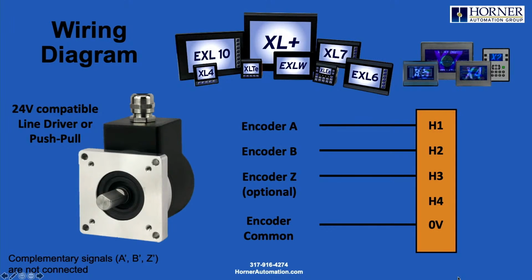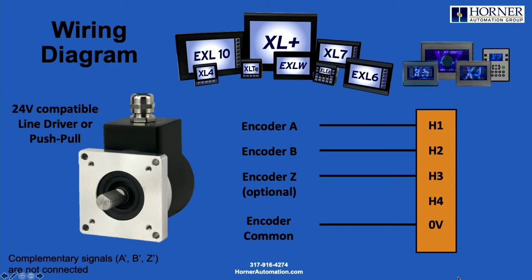So you don't have room for 2 full encoders. In this case, you can see we're connecting the Z signal to H3. These are the connections we would make if we're talking about a single encoder with a marker signal.